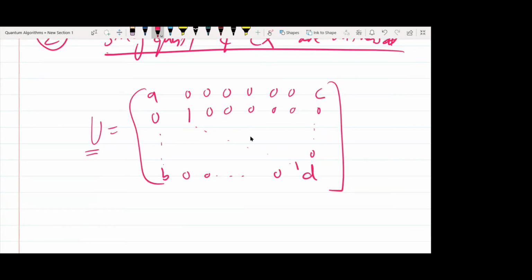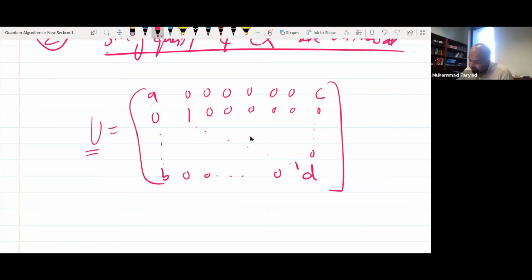This only has non-zero and non-unitary elements over here, here, here, and here. This is an 8x8 matrix. So let's see how we can implement it in a circuit.